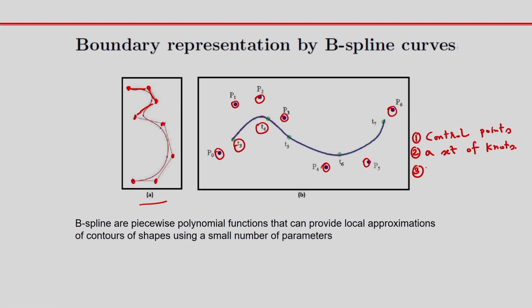Number 3, we also need a set of coefficients, one for each control point. So I need this information: one is the control points, after this a set of nodes, and a set of coefficients, one for each control point.